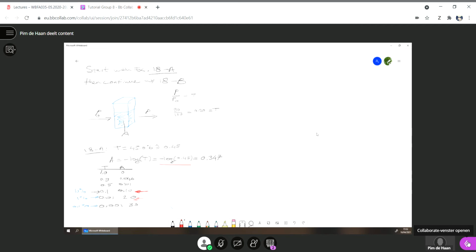Let's take a look at B. This is just a bit of background. Let me get the pen. Yeah, here. Let's take a look at B. The absorbance of an unknown solution of compound A in the same solvent and cuvet was 0.375, absorbance equals 0.375 at 238 nanometers. Okay.